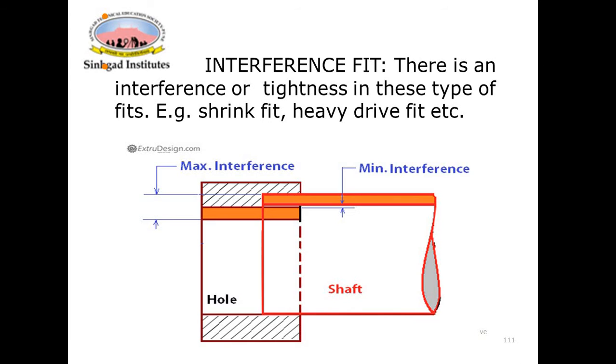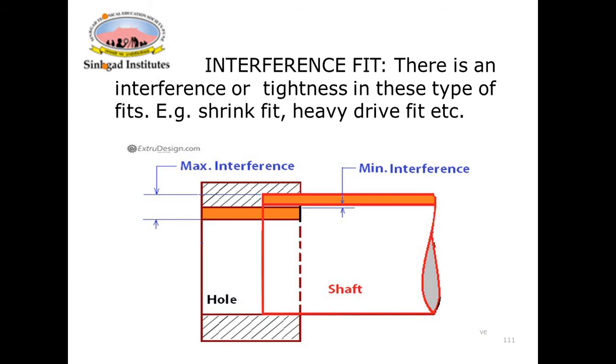This distance from here to here is the maximum size of the shaft, and this is the minimum size of the hole. So the difference between the minimum size of the hole and the maximum size of the shaft is called the maximum interference. The interference is not going to be more than this.